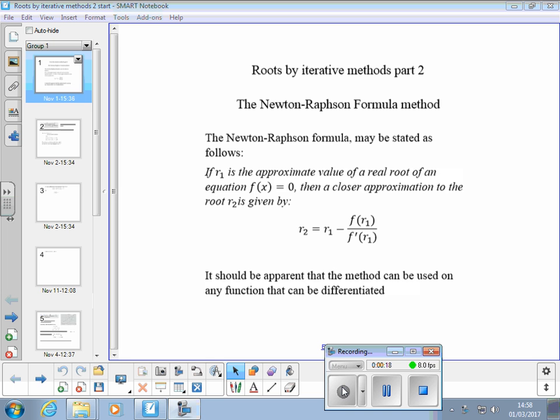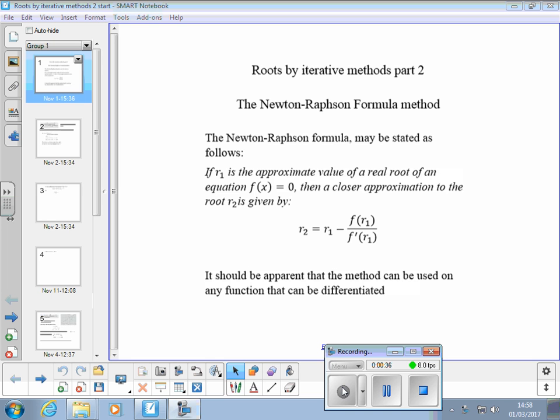Newton Raphson's formula may be stated as follows. If R1 is the approximate value of a real root of an equation f of x is equal to 0, so we're looking at the same kind of thing, going to equate something to 0, going to find the roots.